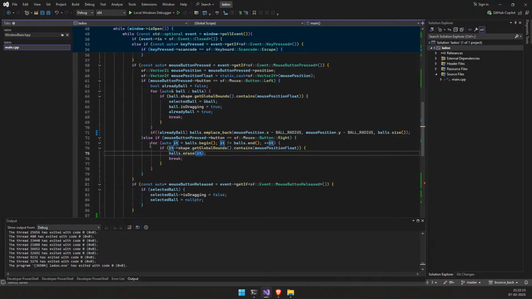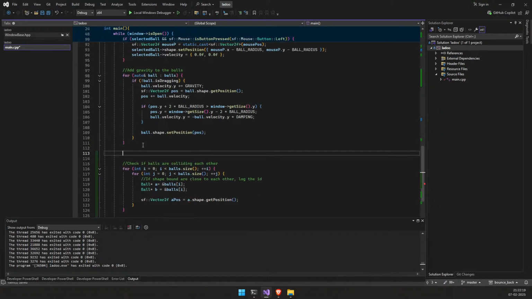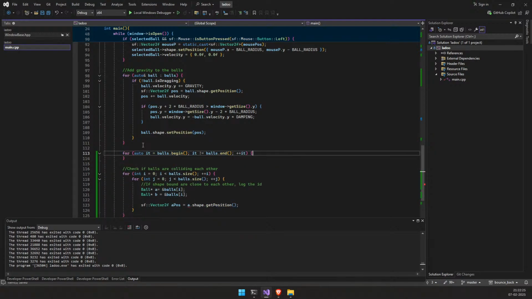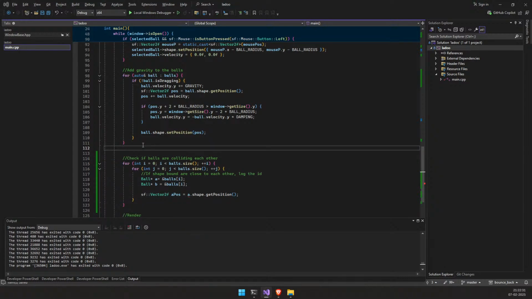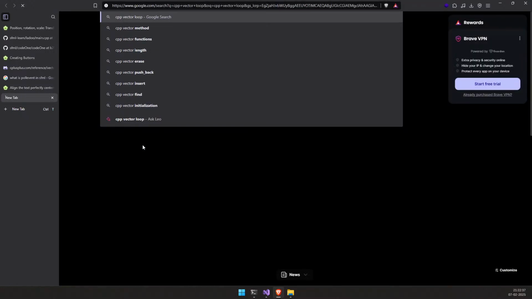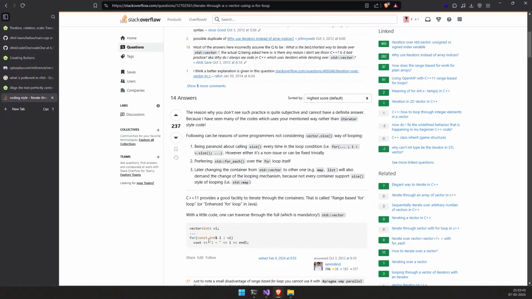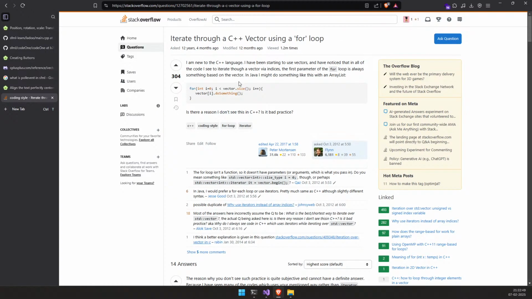Okay, so it's a vector now, so we have to do this. Then how we can... that should be float now.